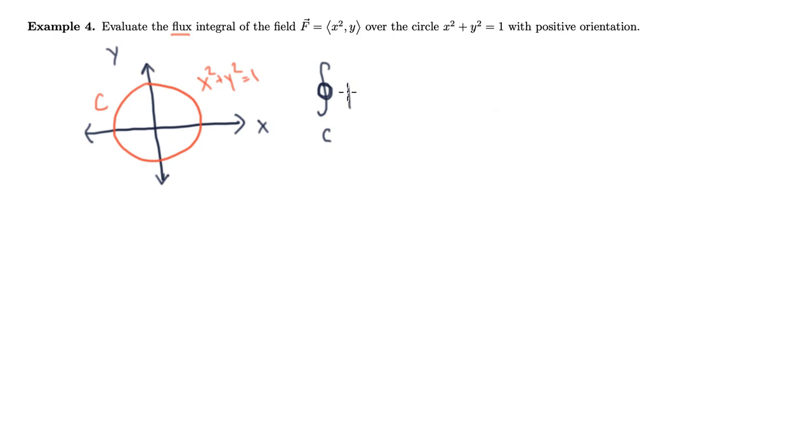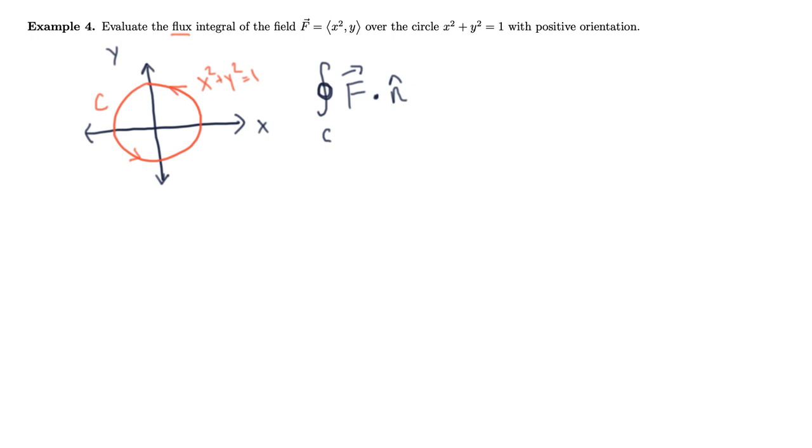And then I take my force, or my vector field, F, and instead of taking the dot product with the tangential direction, and notice that this is positively oriented, so the tangential direction would just be along the curve, I'm taking the dot product with the normal direction.